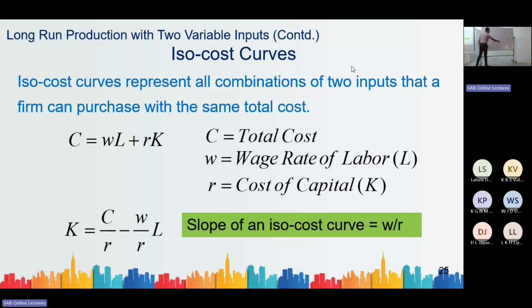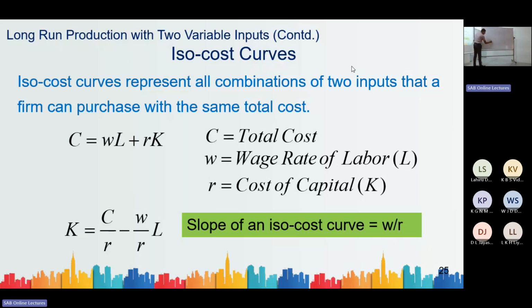It is in this framework. We have K on the left hand side as the subject, and we have the intercept and the slope. The slope is multiplied by L. So what is the intercept? The intercept is C over R. What is the slope?